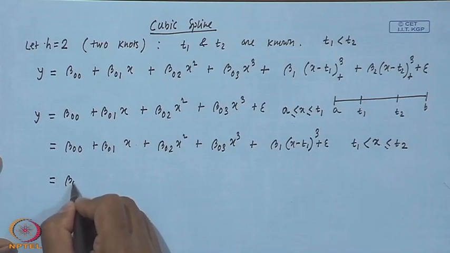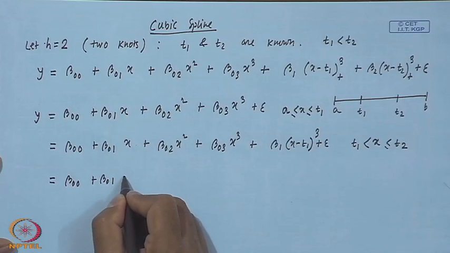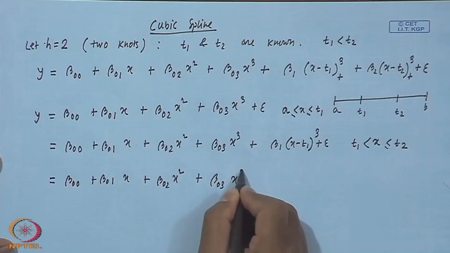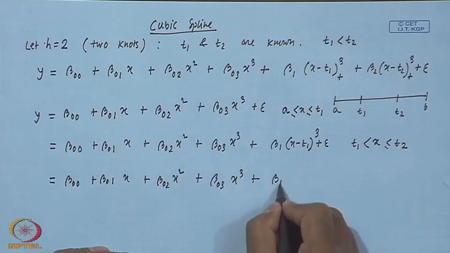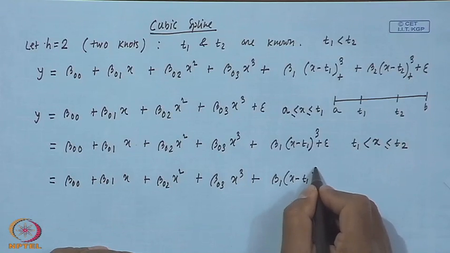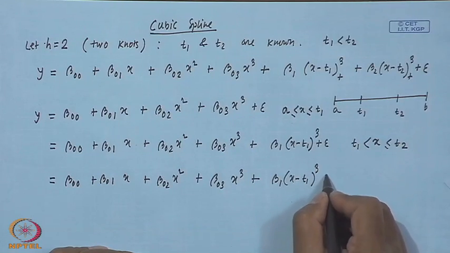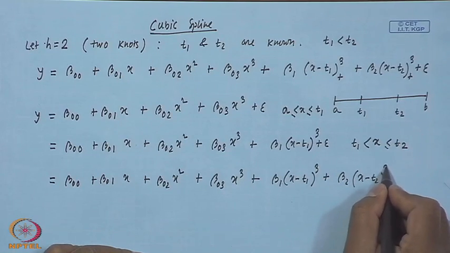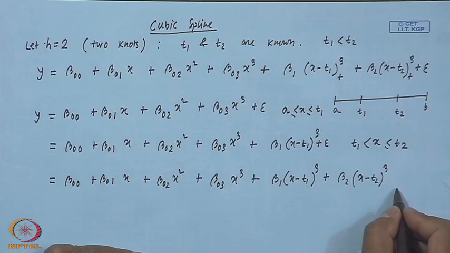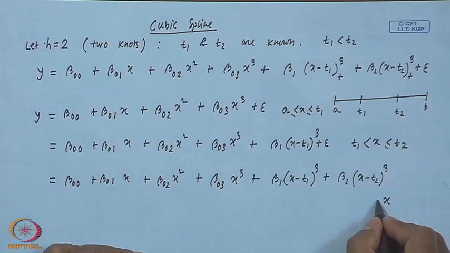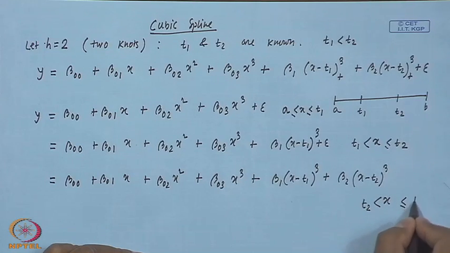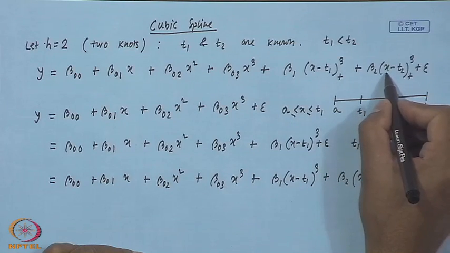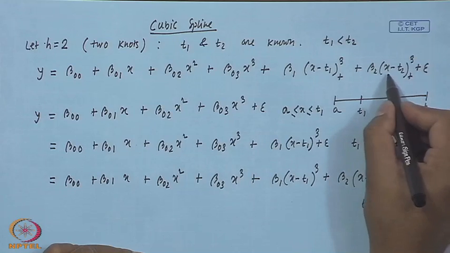And then the last one is beta naught naught plus beta naught 1 x plus beta naught 2 x square plus beta naught 3 x cube plus beta 1 (x minus T 1) to the power of 3 plus beta 2 (x minus T 2) to the power of 3 in the range x greater than T 2, but less than or equal to b, because in this range when x is greater than T 2, (x minus T 2) plus is equal to x minus T 2.